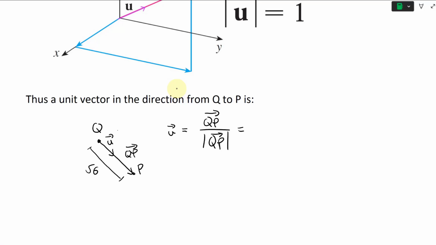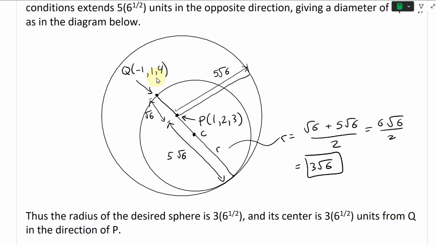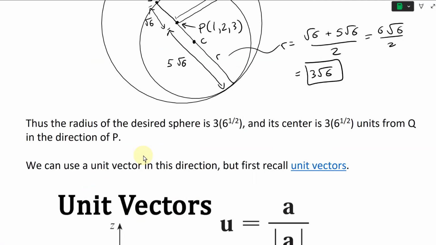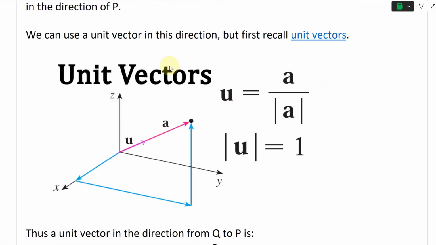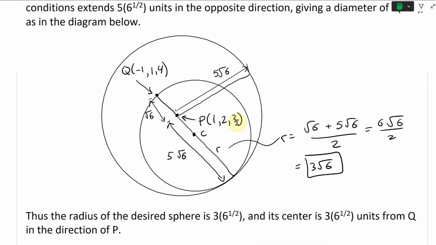This one here we just subtract, so P minus Q. P is 1, 2, 3, and Q is negative 1, 1, and 4. So it's going to be 1 minus negative 1, so it's going to be plus 2, then 2 minus 1 is 1, and the next one is 3 minus 4.